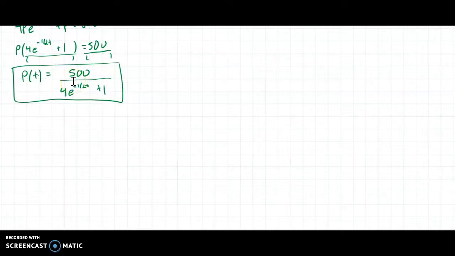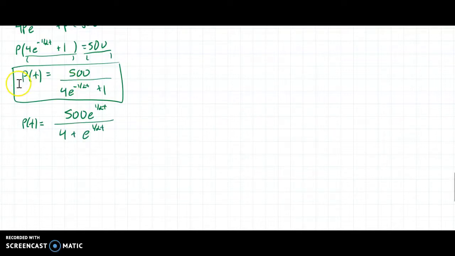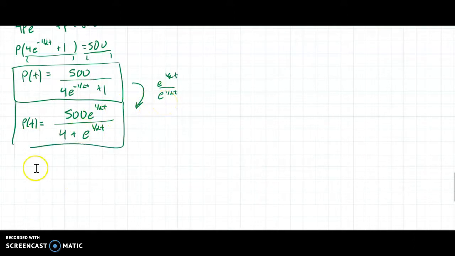The most common answer that is also correct would be P of t equal to 500 e to the 1/2 t over 4 plus e to the 1/2 t. Notice I could get to this line by multiplying by e to the 1/2 t over e to the 1/2 t. If you could see that algebra, they're equivalent.